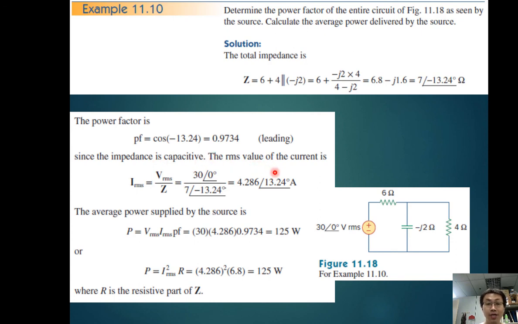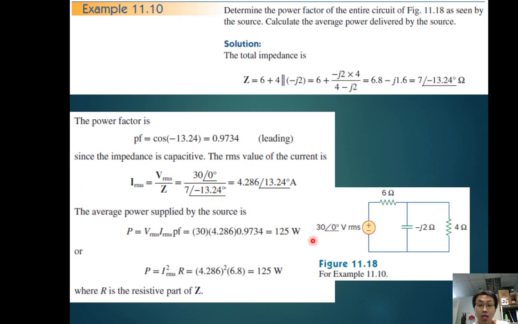Then now I want to find the average power delivered by the source. So what I do is use P equals Vrms times Irms times power factor. So I need to find my Vrms. Where is my Vrms?